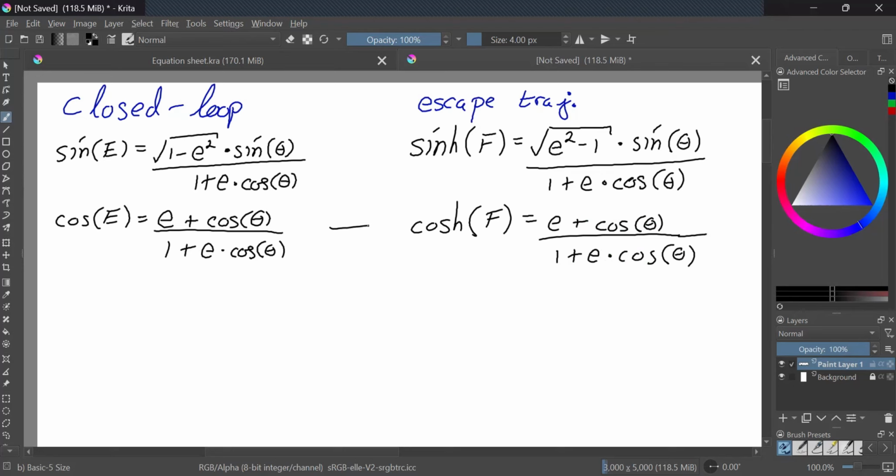There really is no difference between the cosine and the cosine equivalent. And the only difference between the sine and the sine equivalent is that we have changed the order of this coefficient out here. And that is simply because we don't want to have a negative inside of our square root.